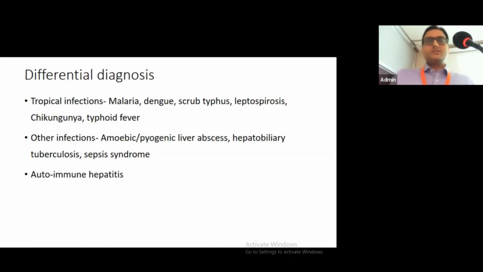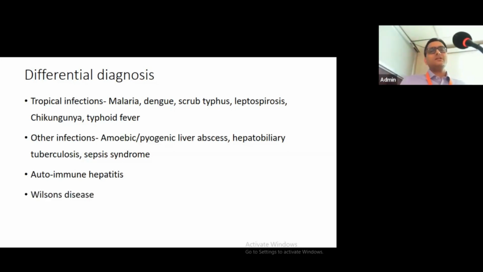If such history is there, then you will need to do the autoimmune markers, and if they come out positive, you will eventually have to differentiate between acute viral hepatitis and autoimmune hepatitis based on the finding of liver biopsy. Because just on the basis of serological markers it becomes very difficult, as autoimmune markers are positive even in at least 20 to 25% of the general population. So if you suspect autoimmune hepatitis, then liver biopsy is a must.